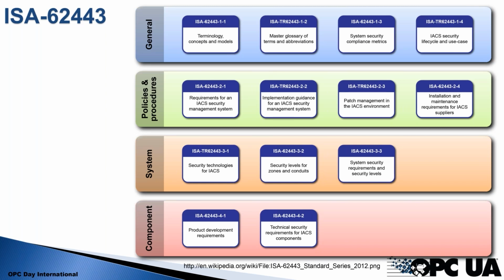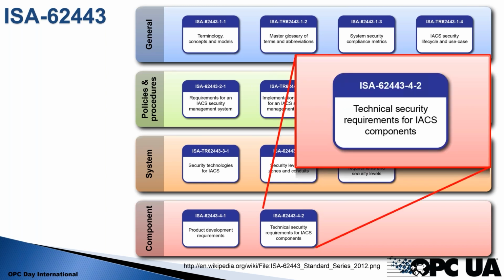It also describes how you should be developing products to make sure that they're secure. What we're going to talk about mostly today is this last spec, which is the requirements for building a device and how to make sure that what you built is secure. So that's just one little piece of the 62443.